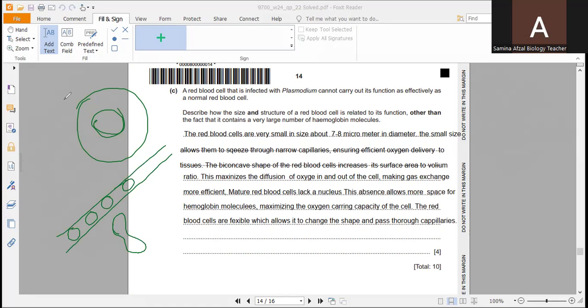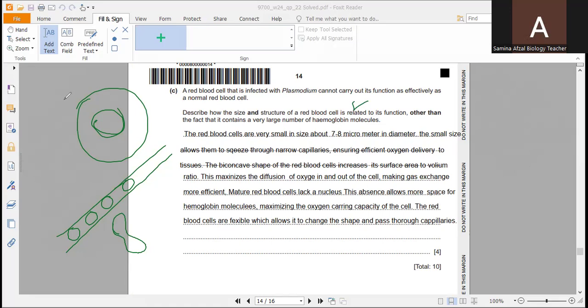Due to the lack of a nucleus, oxygen carrying capacity is increased. In this way, the structure of red blood cells is related to their function.